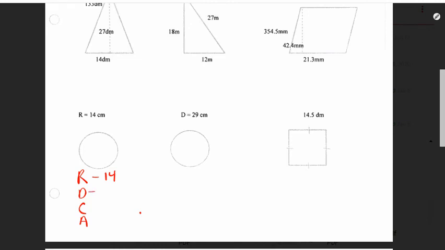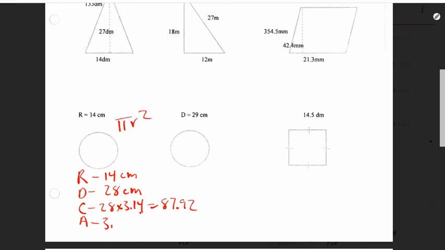So yeah, the radius is 14. The diameter is 28. Oh, centimeters. Circumference is 28 times, again, that special number pi, 3.14. 28 times 3.14, and I get 87.92. And then the area, remember area is pi r squared.